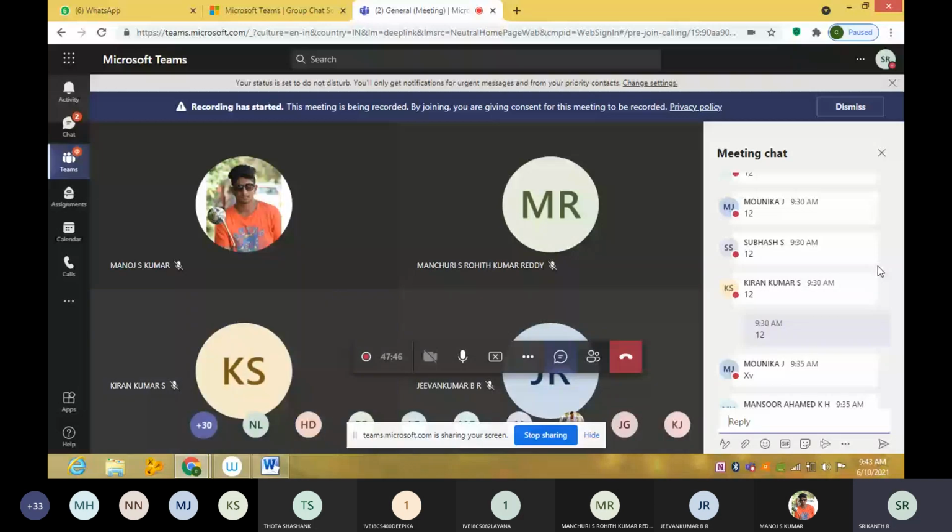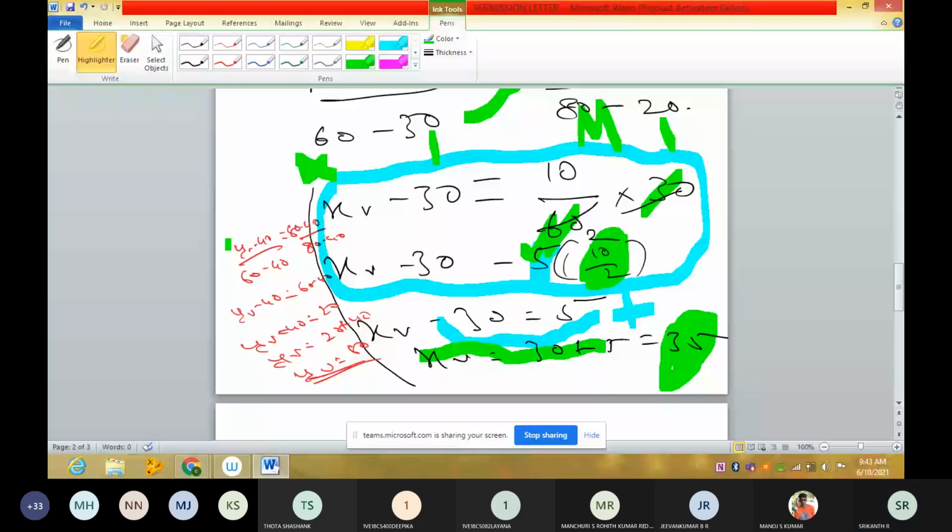In the same way, you need to find YV also, guys. Look here, we know YW, we don't know YV. YV minus YV minimum, divided by YV maximum minus YV minimum, that is equal to YW minus YW minimum divided by YW maximum minus YW minimum.